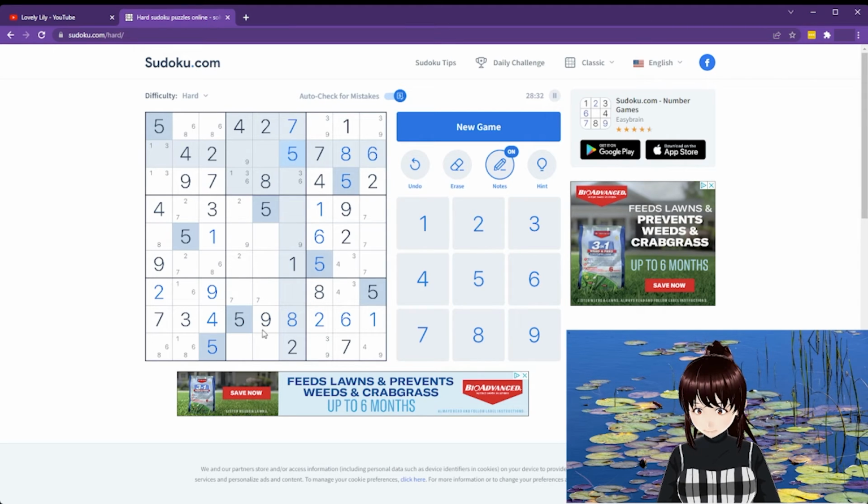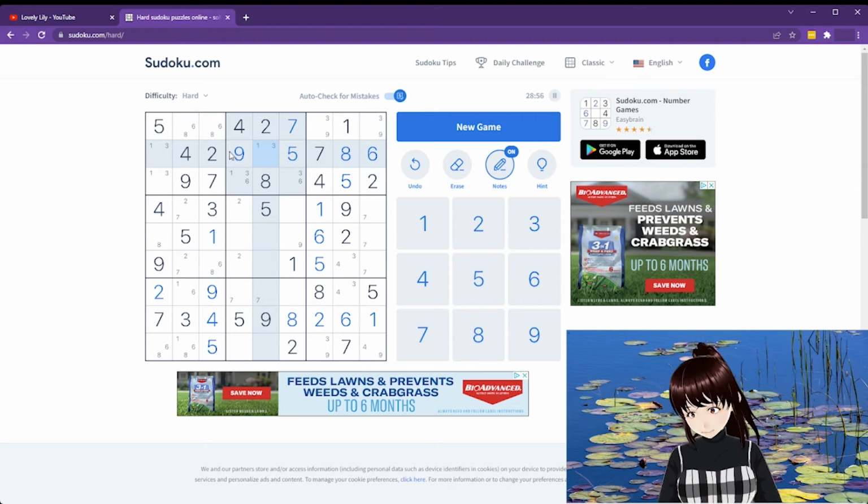So, well, it did actually, because that's a 9. There's a 9. That must be a 9. So, this is a pair of 1 and 3, because that's a 1 and a 3, and there's only 2. So, we move on. Yay!